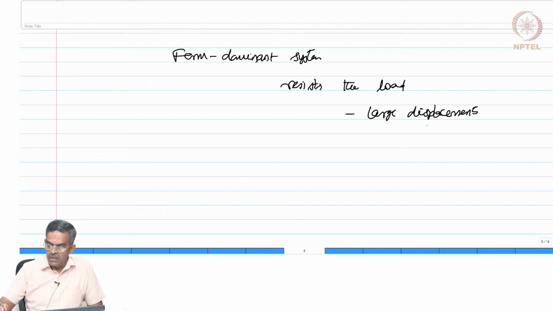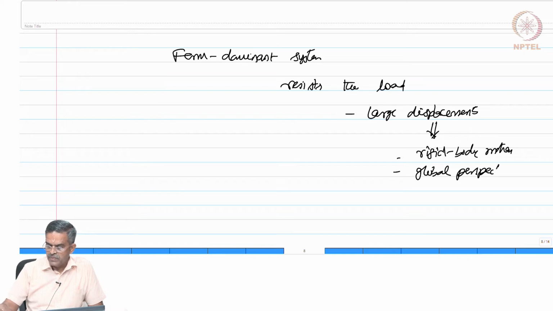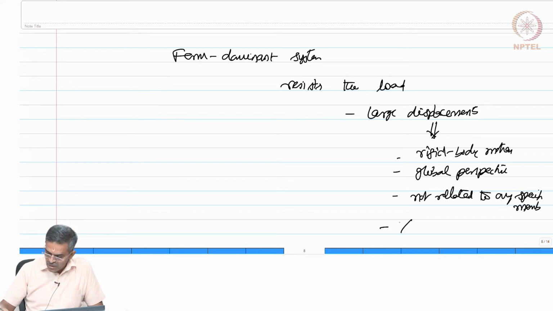Please note, these displacements are related to the rigid body motion of the system. It is on the global perspective. It is not related to any specific member, and it is not certainly related to plastic deformation of any material.